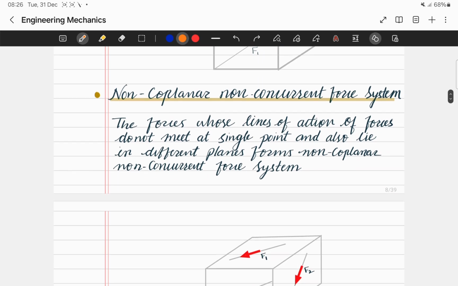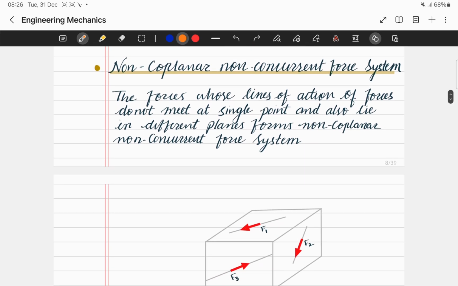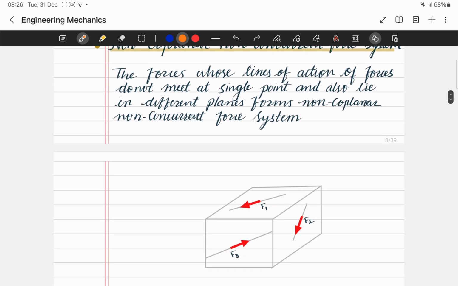Now, non-coplanar, non-concurrent force system. Okay, it means they do not have the same point of application, meaning they are not acting towards one common point, they are acting towards three different points, and their planes are also three different planes.